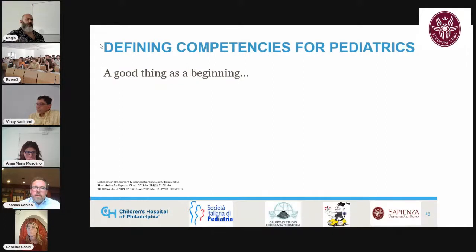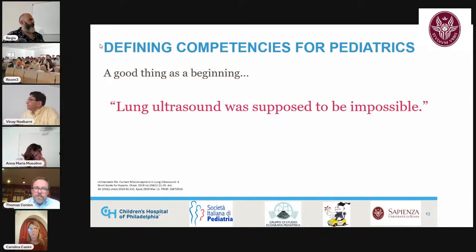When we think about the applications that we start with as emergency physicians or critical care physicians, we have to start somewhere. And it's good to think of ultrasound as a beginning with their applications. But remember, lung ultrasound was actually supposed to be impossible to do. This is actually written in textbooks from 20 years ago.